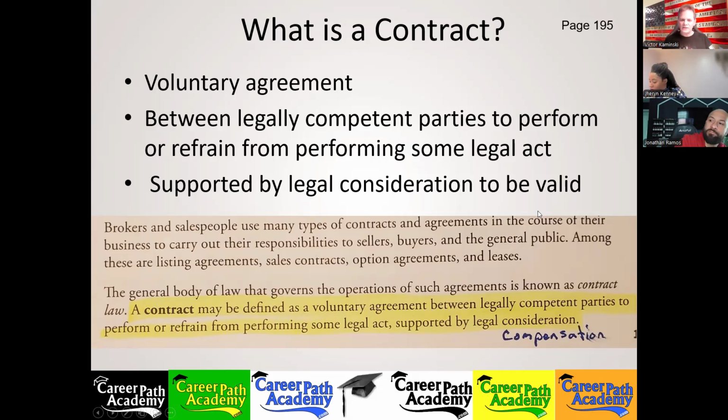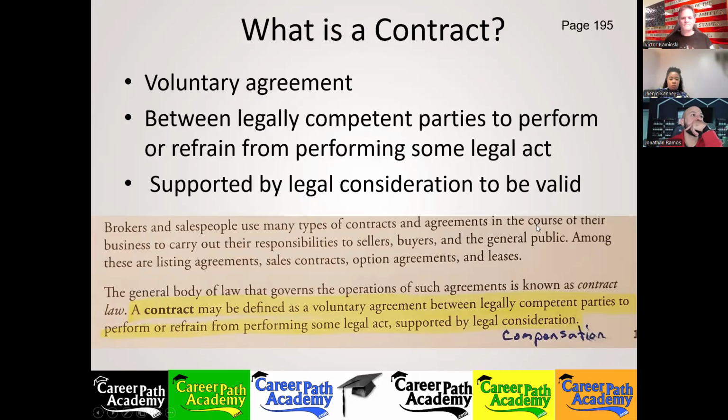There has to be something given in exchange by both of the parties in order for any contract to be legally upheld in a court of law. Both parties have to be giving something up of value.